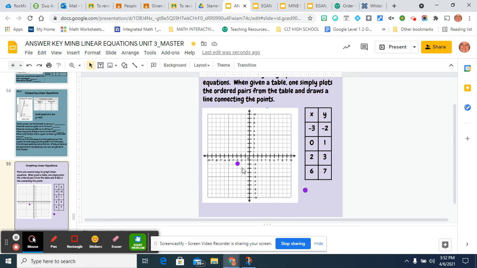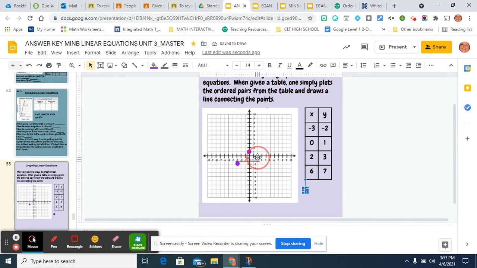So then 0, 1. So 0 means that we're not moving side to side at all, and then up 1. 2, 3 means move 2 to the right and 3 up. I'm going to move this over just a smidge.